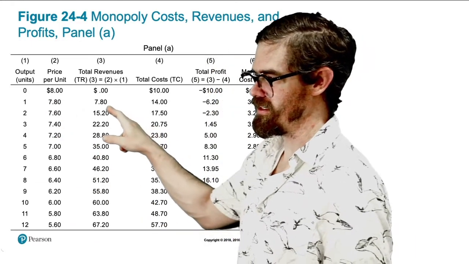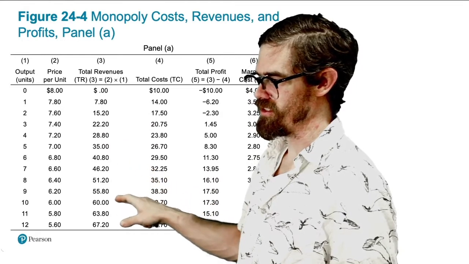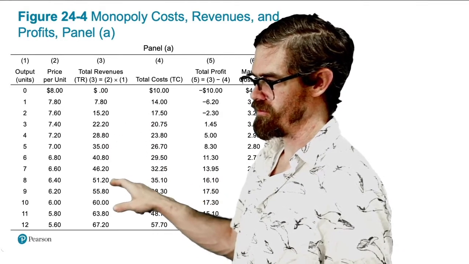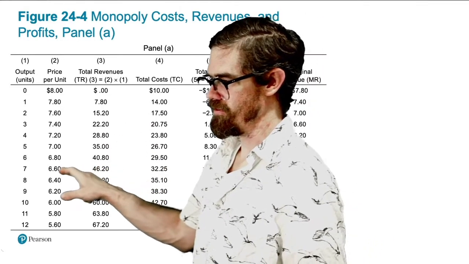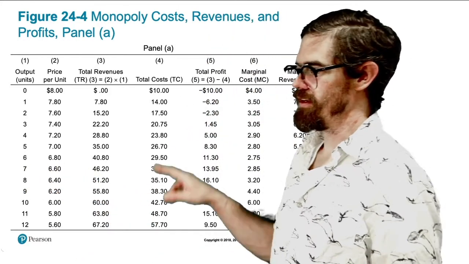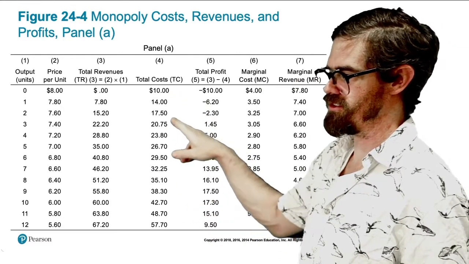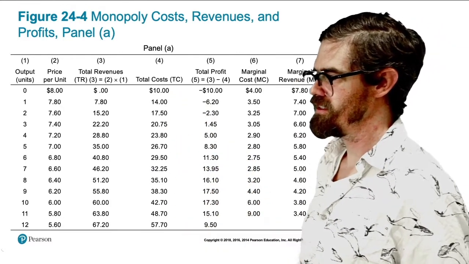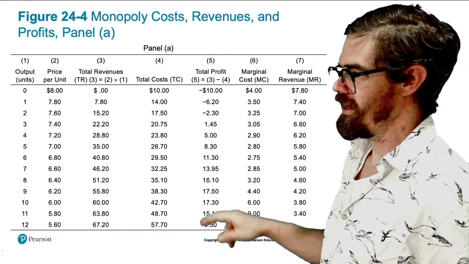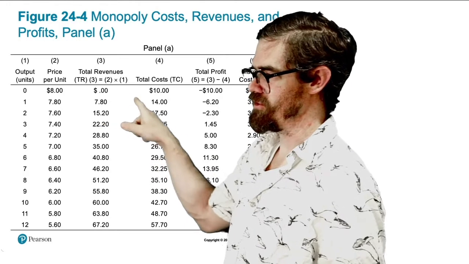Very easy to see here when output is 1, right? But you can verify for yourself that the numbers in this column are just the product of the two numbers in these two columns. And then here we have total costs given, and of course total costs are always increasing. And then we're given profit, which is just going to be the difference between total revenue and total costs.